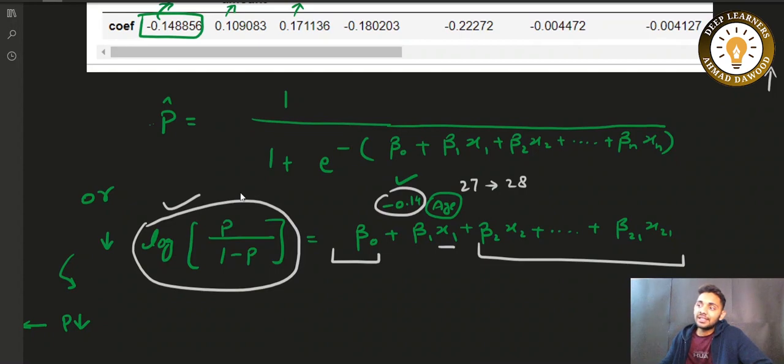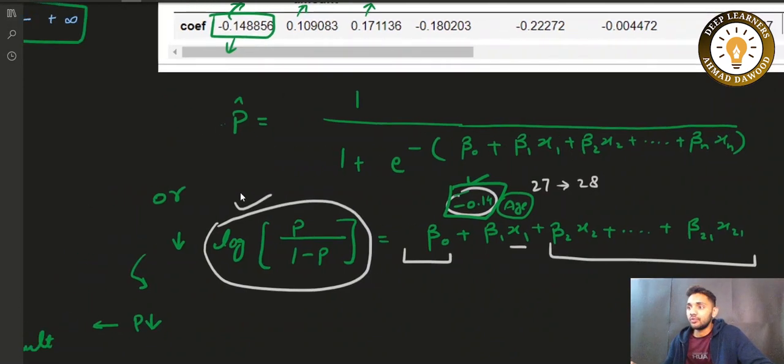Now we will see the impact of the 0.14 decrease in log of odds, and we will also see what actually this coefficient is representing here. If we want to interpret just a single coefficient, what this coefficient is saying. Okay, now you will have a look at that.